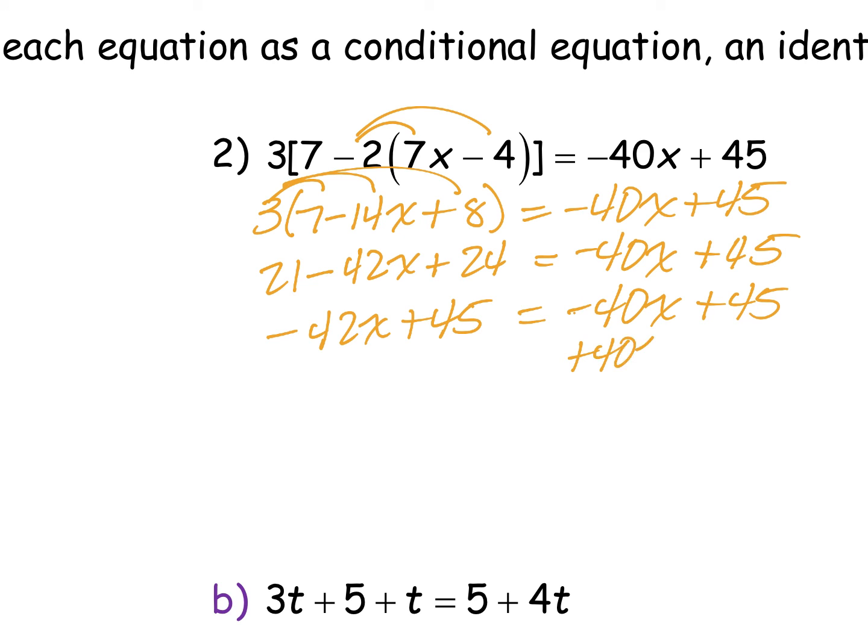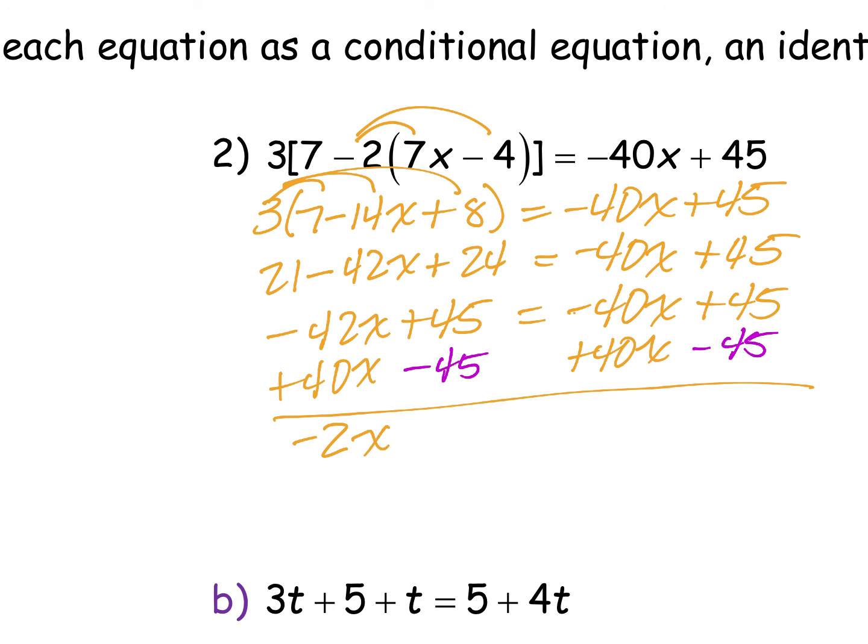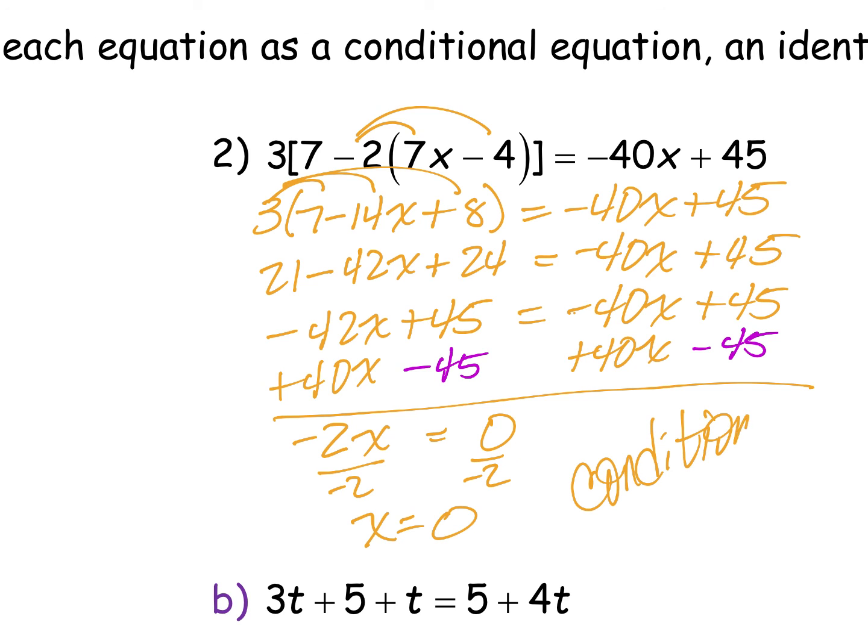So if I add 40x to both sides, and then I subtract 45 from both sides, I get negative 2x equals 0. Then what am I going to do? Divide by negative 2. Beautiful. What's my answer? What does x equal? 0. So is this a contradiction, identity, or conditional? Conditional. Very good. Conditional, because x equals something. Even if it is 0, 0 is still something.